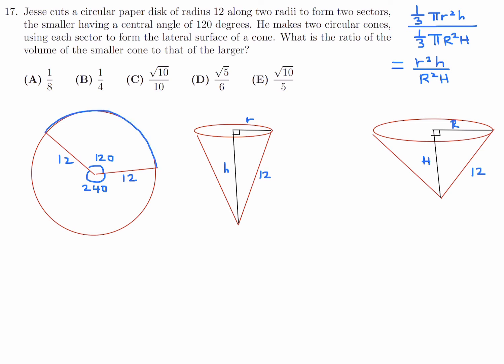First, we have to figure out that segment of the circumference, because that will represent all the way around here. That segment of the circumference is 120 over 360 times the original circumference of that big circle. And that is pi 2r. And that's 1/3 times pi times 2, and r is 12.